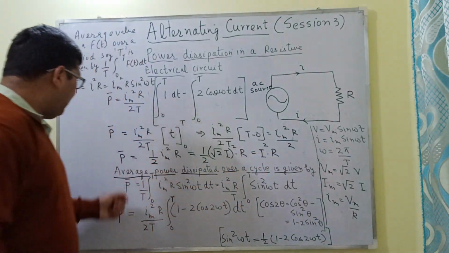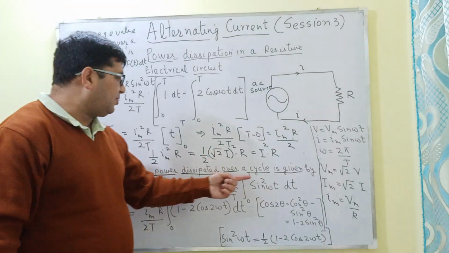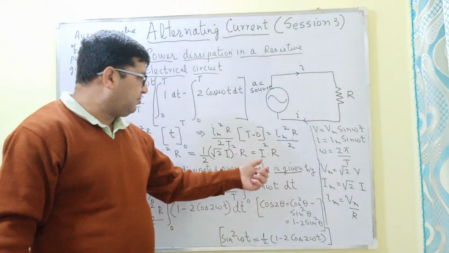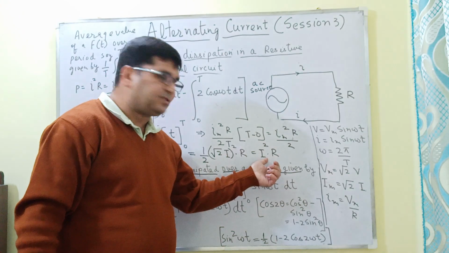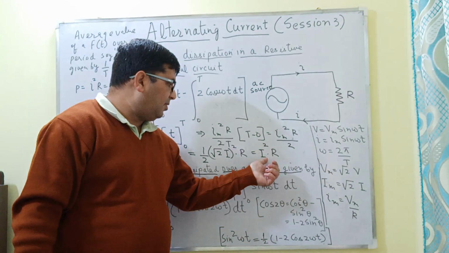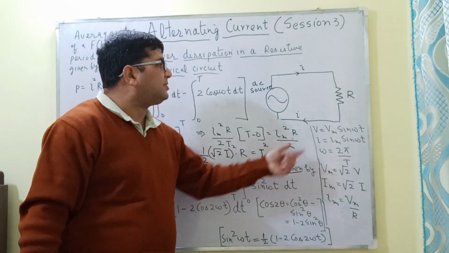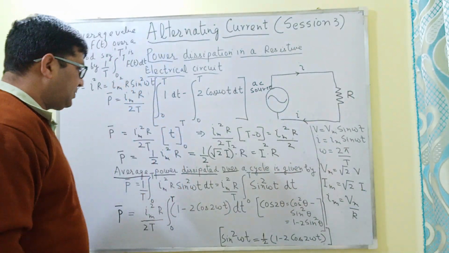So the average power which is dissipated over a complete cycle is given by I square R, where I is the RMS value of the current and R is the resistance of that resistor.